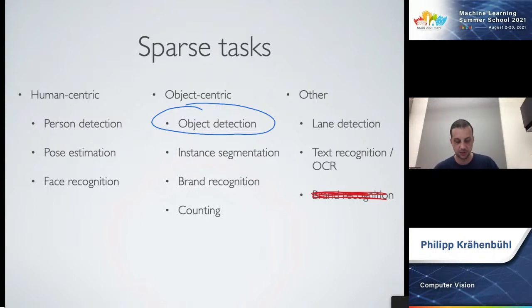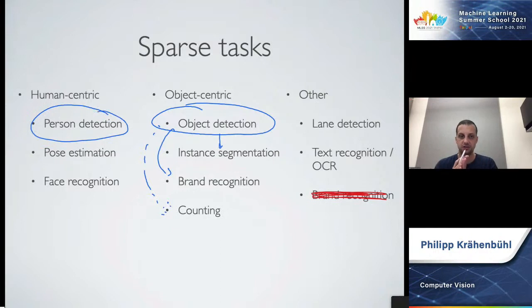For example, once we know where the object is, we can segment it, figure out what brand it is, and even count all objects. Likewise, once we detect the person or the face, the same infrastructure for object detection can be used for person detection. We can then estimate pose or run recognition.